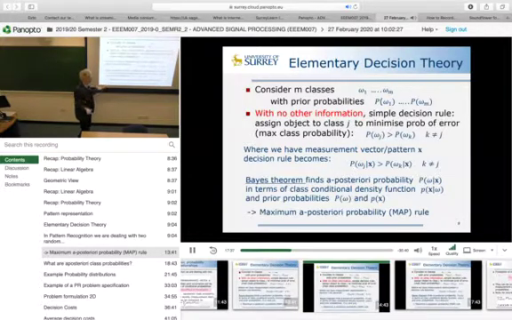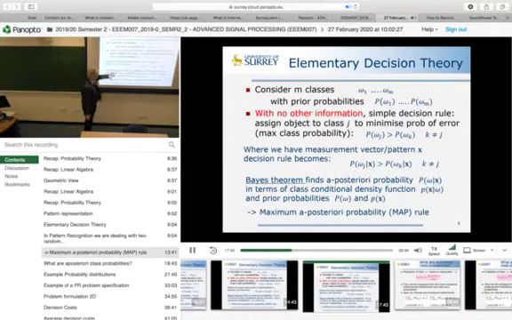Medical measurements or security measurements, these sorts of things will help us. And the use of Bayes' theorem here helps us to find these posterior probabilities by knowing this model probability, the so-called class conditional density function. It's called class conditional because it's the probability of X given the class.